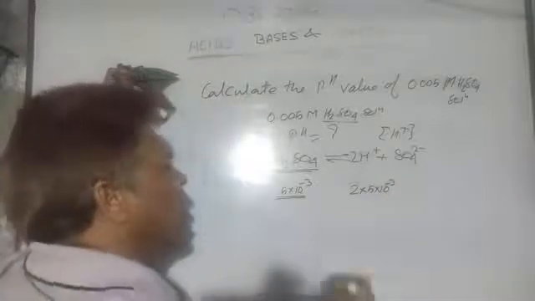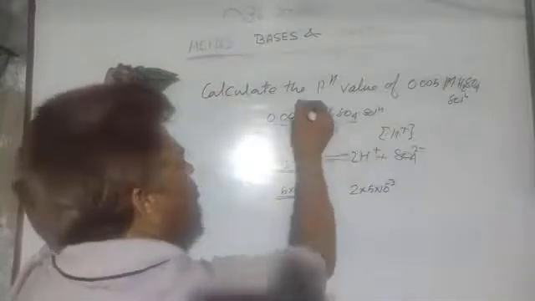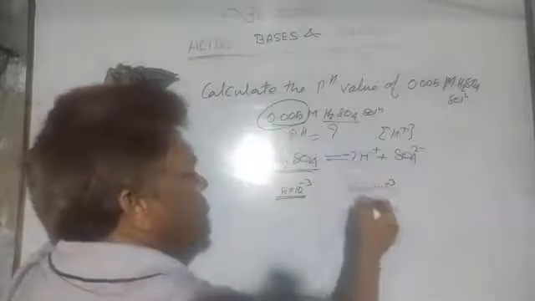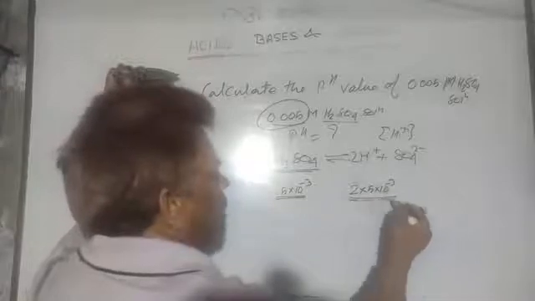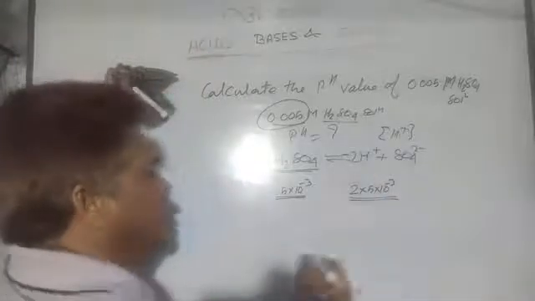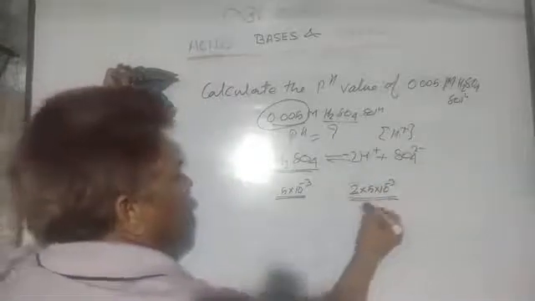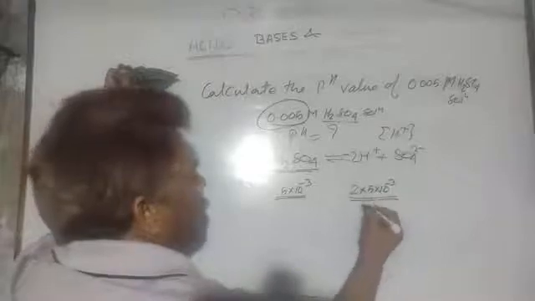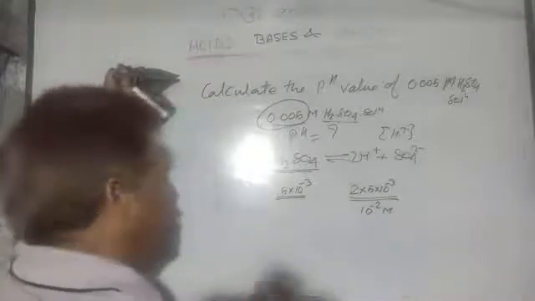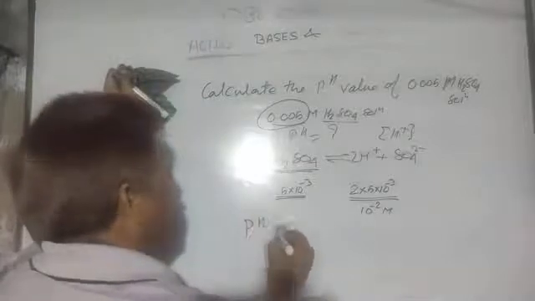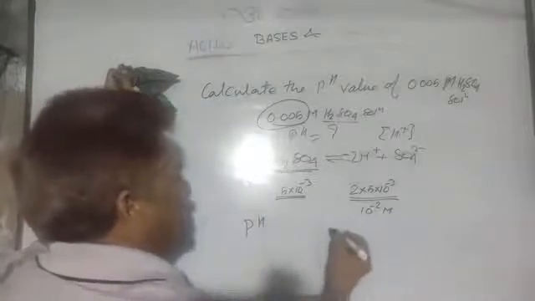Okay, so now it is clear, on the basis of the concentration of sulfuric acid, you have already calculated the hydrogen ion concentration. So now you can write 10 to the power minus 2 molar.